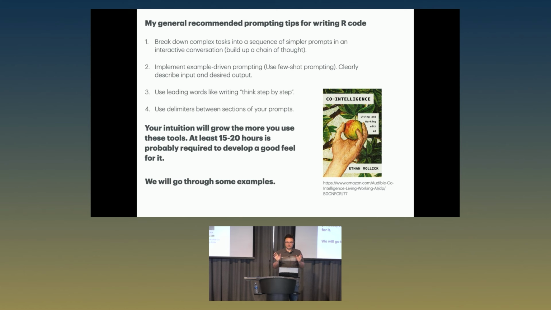It's going to take between 15 and 20 hours of effort to really get a sense of what it can do for you. The best way to learn how to use these models is to use them. And if you don't understand something, you just ask, please explain this thing, and it'll explain it.